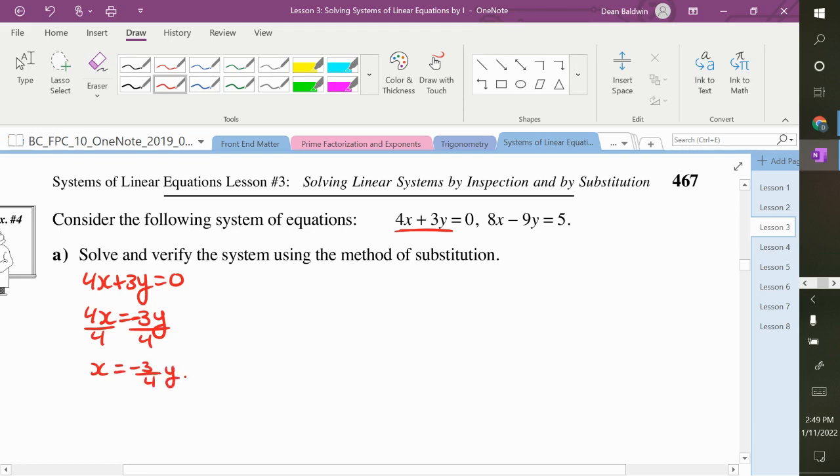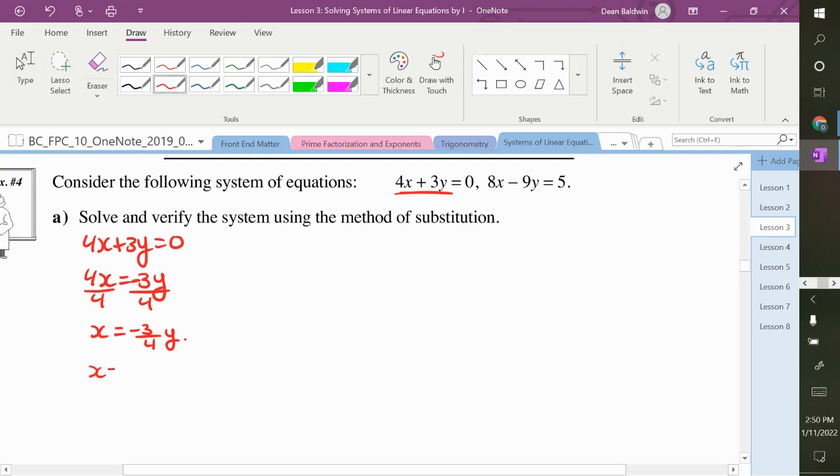Now, you can use decimals if you want. I don't care. So what is 3 divided by 4? 0.75. So this is the same as x is equal to negative 0.75y. All right. Where does that go?